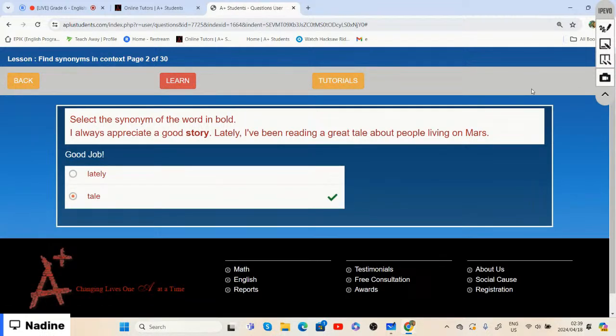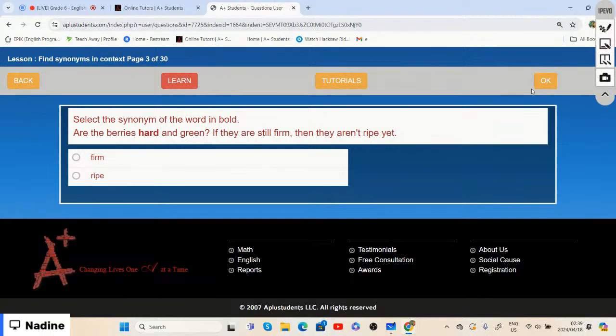So well done. And I know there are repeating words which we can see, but as long as we have an idea of what synonyms are.